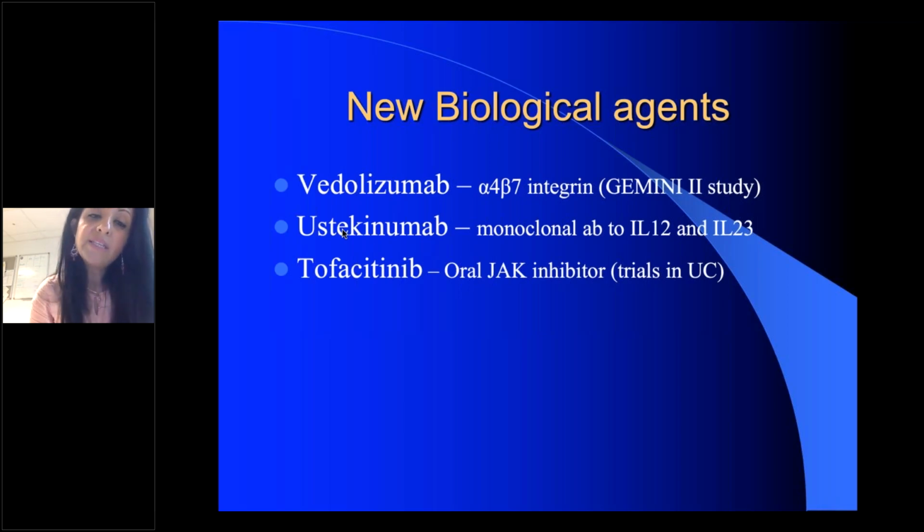A newer drug that we have only really used in a handful of our patients, and mainly patients who are above the age of 16, is an oral JAK inhibitor drug, tofacitinib, and this is really indicated in UC only, but has been shown to be quite effective and a very promising drug, especially because it's an oral drug, negating the need to come in for infusions or injections.